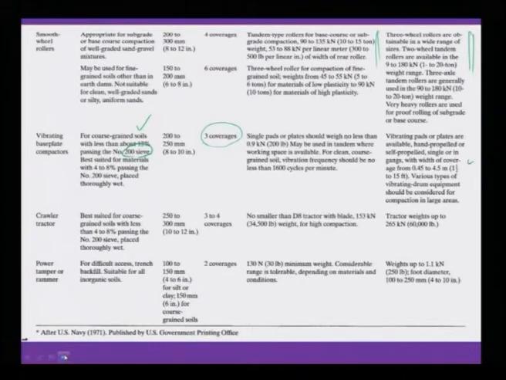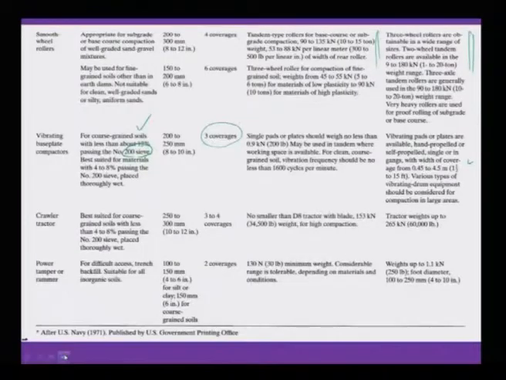These are the details of where you are going to use them, the number of passes you are going to do, the detailed dimensions, and the pressure applied by the roller. This has been taken from the US Navy, 1971.